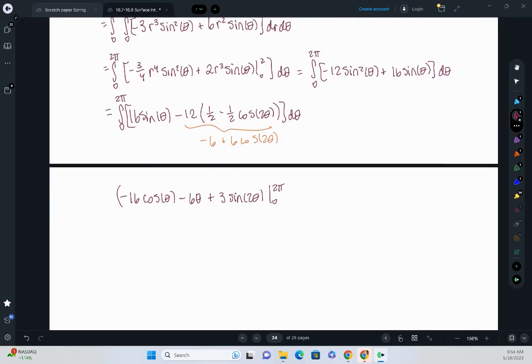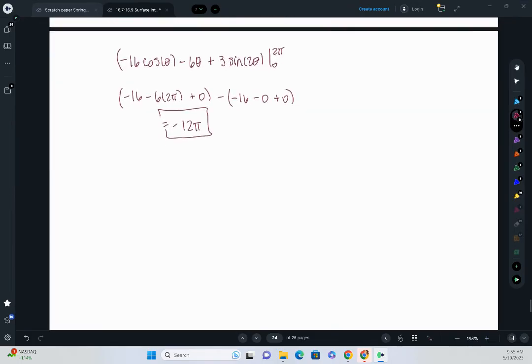All right, evaluating at 2 pi, my cosines are 1, my sines are 0. So I end up with negative 16 minus 6 times 2 pi plus 0 minus the evaluation at 0. My cosines are 1, my sines are 0. So I get a minus 16 minus 0 plus 0. And so it looks like in total I'm going to get a negative 12 pi for my final answer.